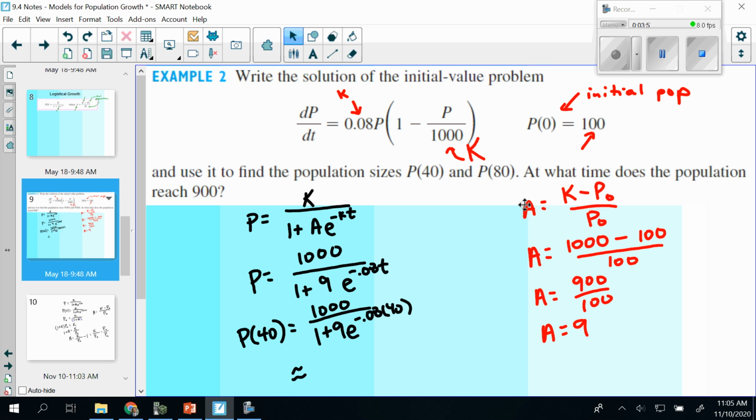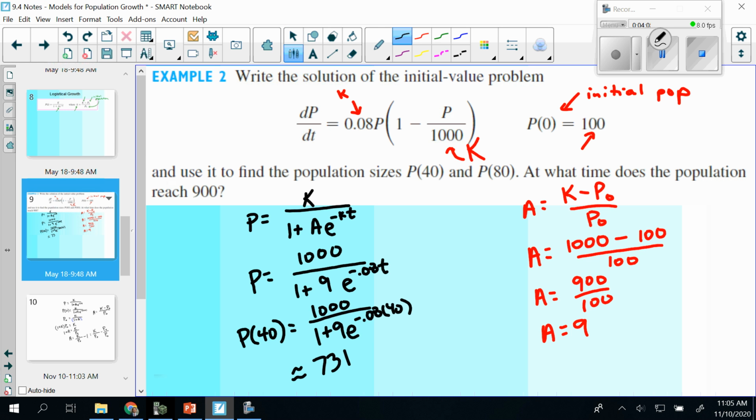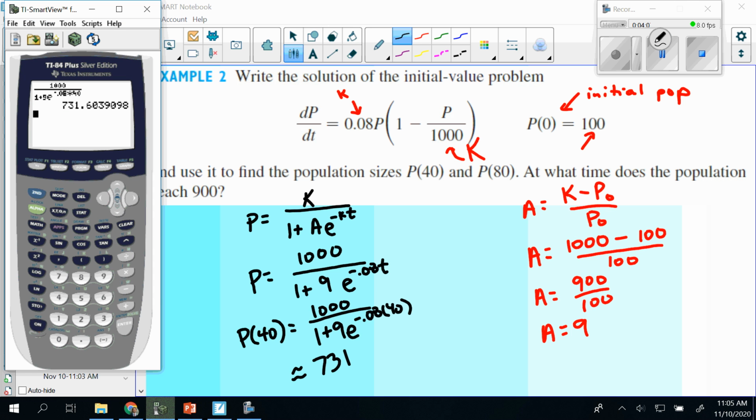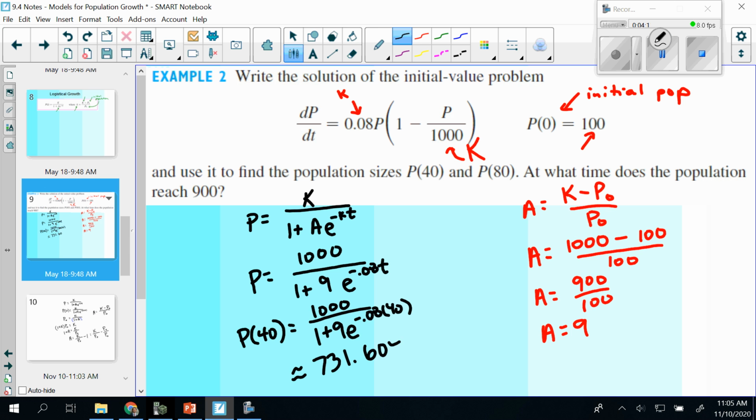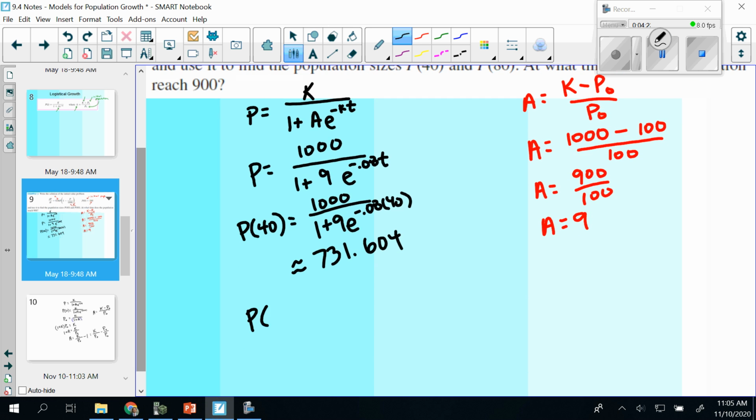I've already entered this in here and hit equals, and you can see it comes out to be about 731.604. They don't give us what the time is in, but that would be the amount of time there.